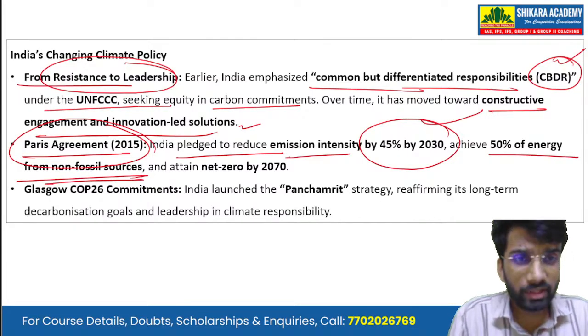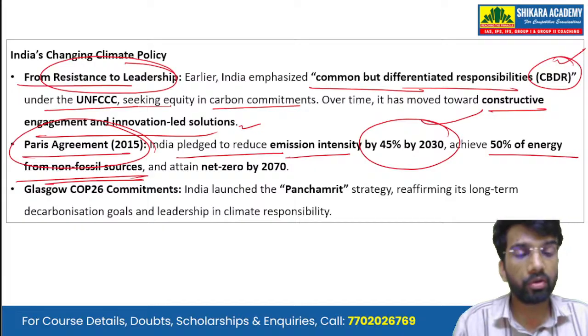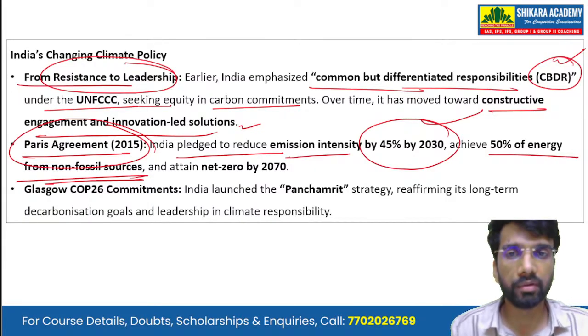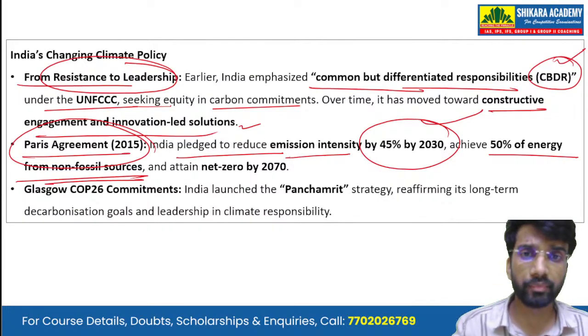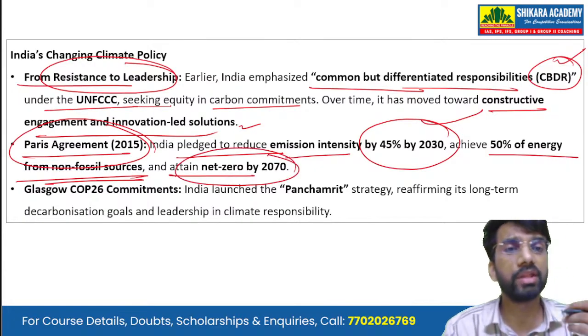So India has committed that by 2030, 50% of India's energy requirements will be fulfilled by renewable energy from non-fossil sources, and it will attain net zero carbon emissions by 2070.